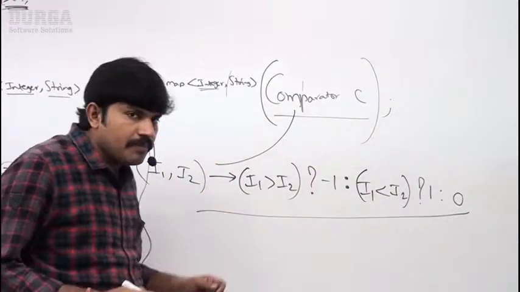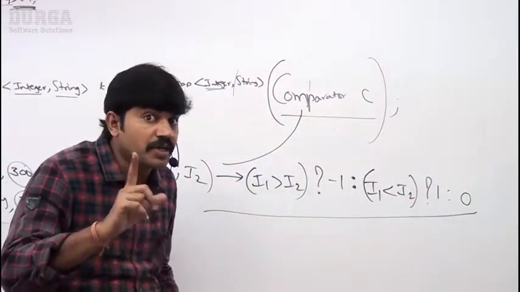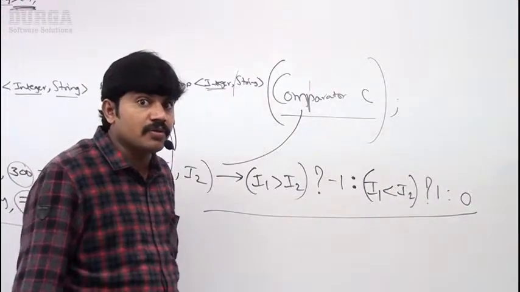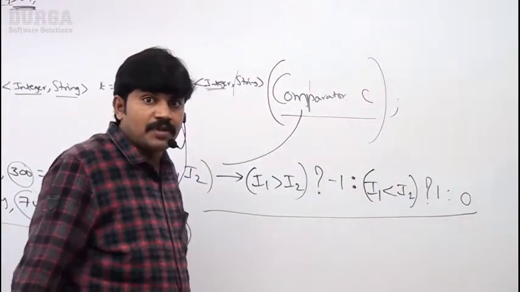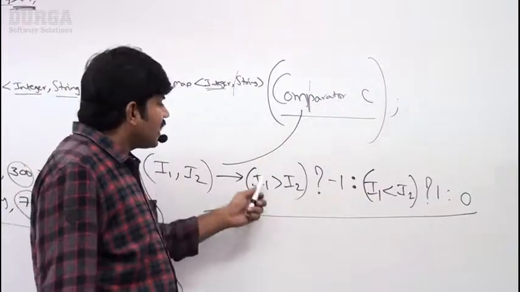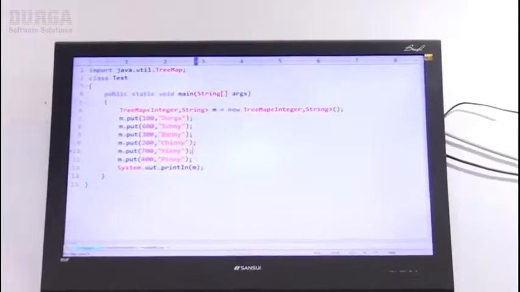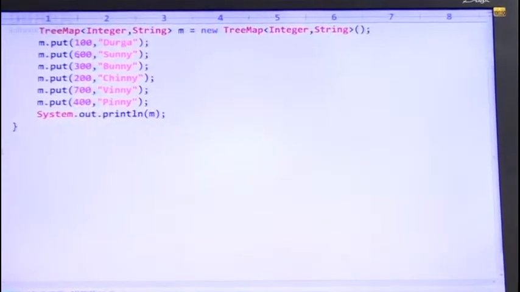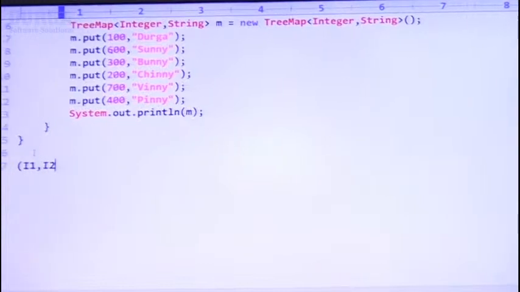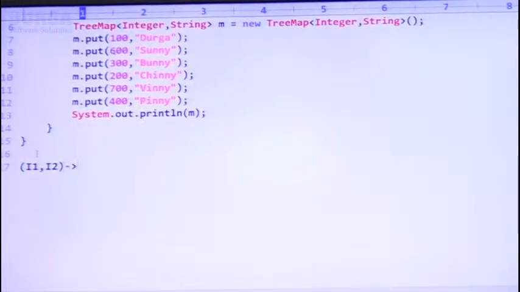Sir, the same lambda expression we are using multiple times. We are not required to use a class, MyComparator implements and so on. Instead of that, directly you can use the lambda expression, right? Observe that carefully, sir. What is the lambda expression I have to take here? Please guide. I1 comma I2 are the arguments to the compare method.